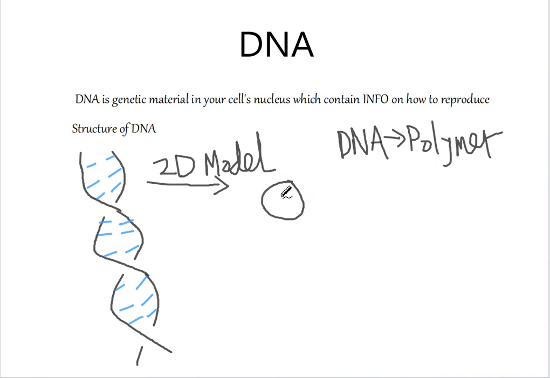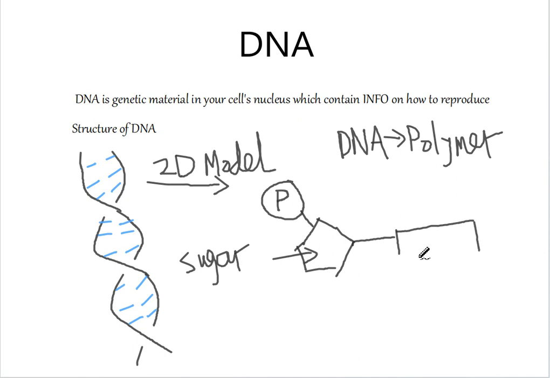Firstly, there's a phosphate in the nucleotide, which is linked to a sugar. And this is the sugar. Let me draw this. And then the sugar is linked to a base. But there are loads and loads of that in DNA.